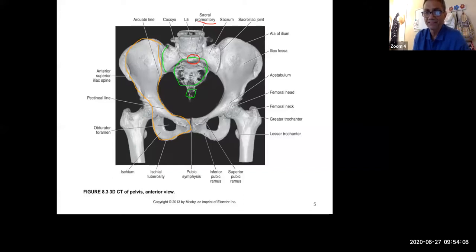You forgot? Linea terminalis. So basically your linea terminalis is an imaginary line from here to here. Exactly.